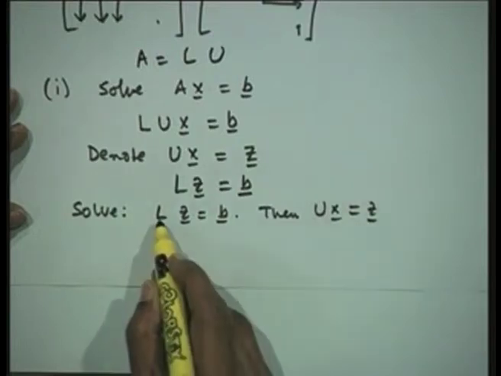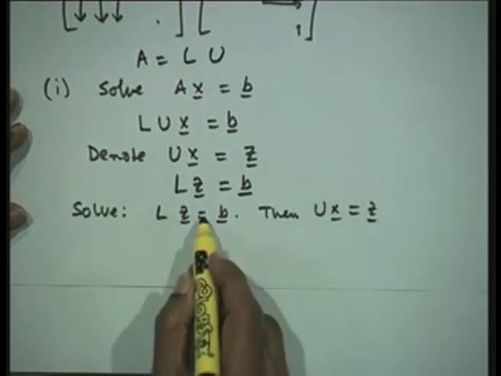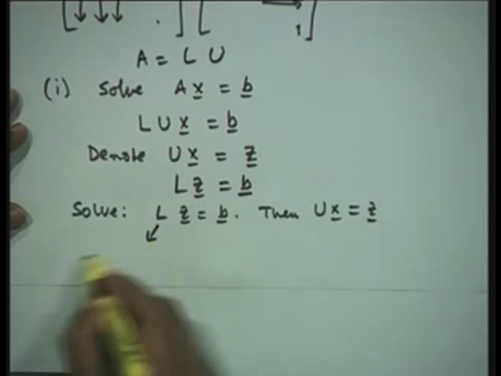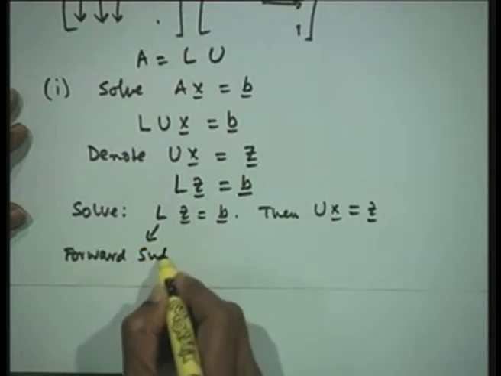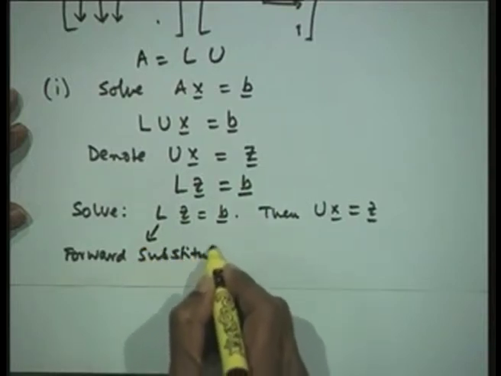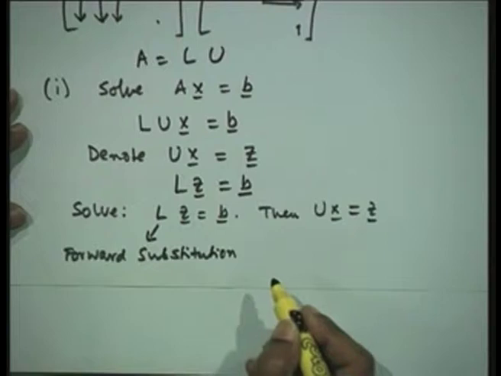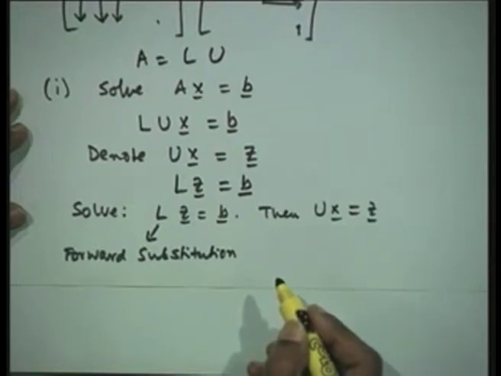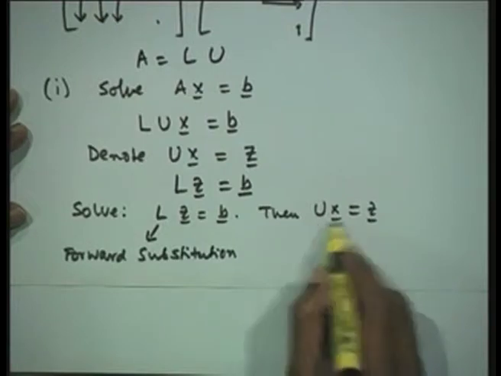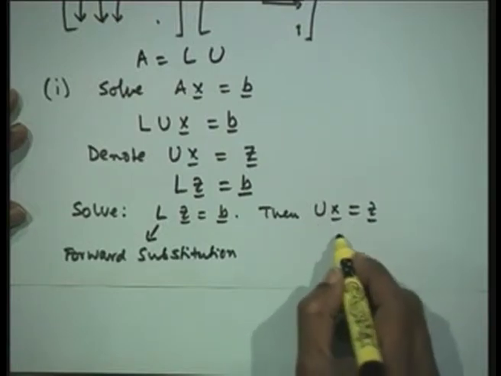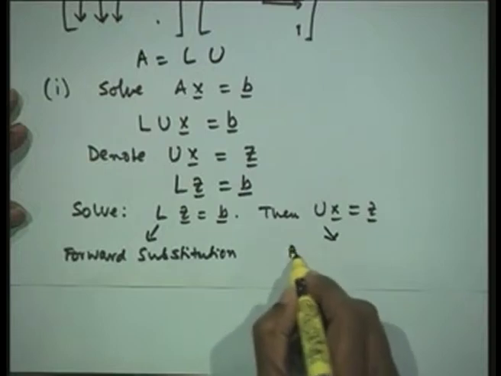Now, we know L is lower triangular, therefore this is solved by forward substitution. So, we are solving this first set of equations using forward substitution, whereas U is the upper triangular matrix, and therefore this is solved by back substitution.